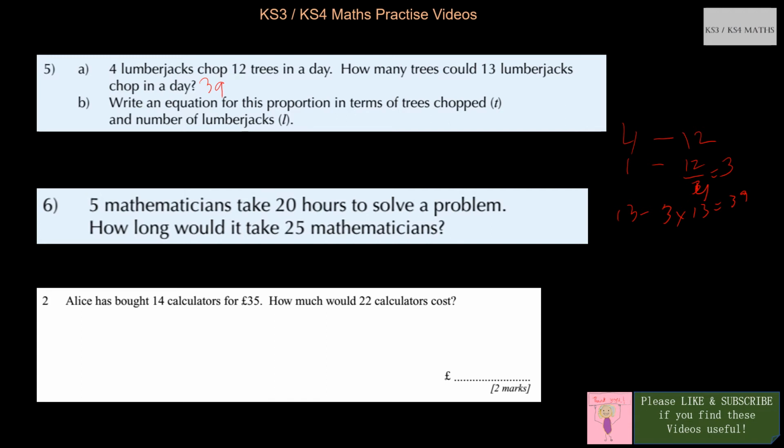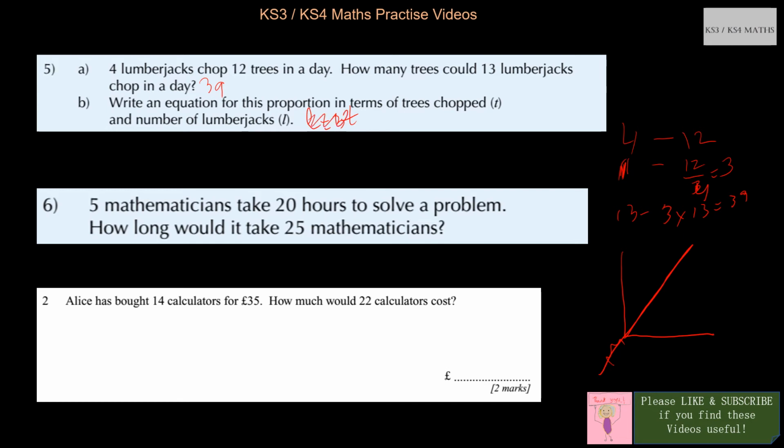So next, write an equation for this proportion in terms of trees chopped and number of lumberjacks. So we know that this is directly proportional, so this is the line that passes through the origin. So we have number of trees chopped and number of lumberjacks. So one lumberjack is 3 trees.